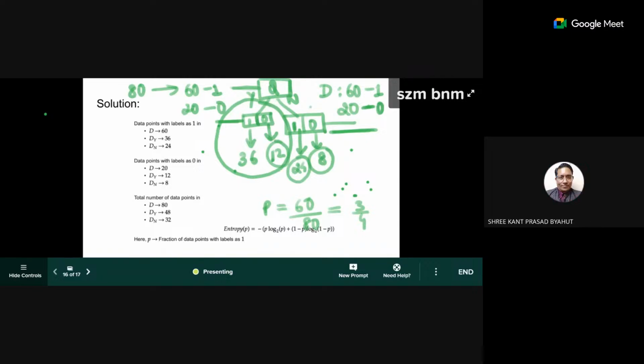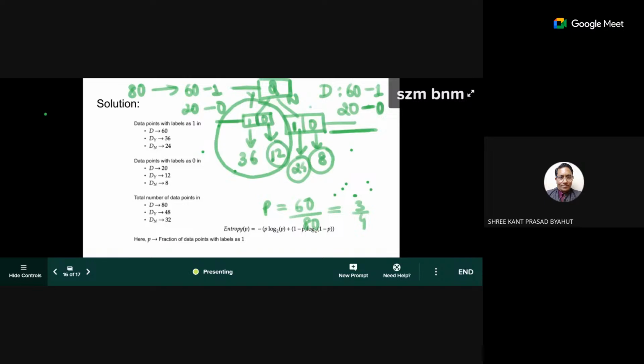What is the total? Let's see, 36 by 60. Am I right? Thirty-six by 60 or 36 by 48? For that level only we have to see, no? No, I'm asking about gamma.